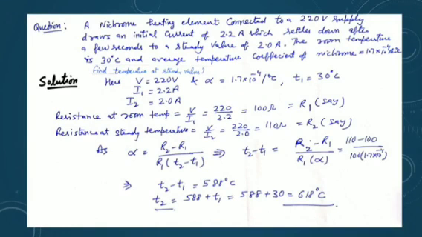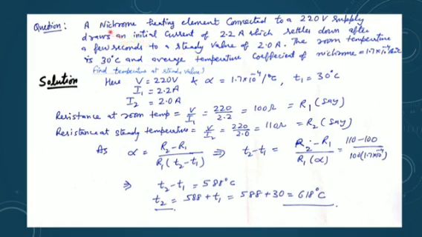One more question is there, where the heating effect, or change in temperature I can say, is there. They are saying a nichrome heating element is connected to a 220 volt supply. 220 volt is actually for AC supply only, because these devices work with AC. But for the temperature coefficient, the formula we have done earlier will remain the same.